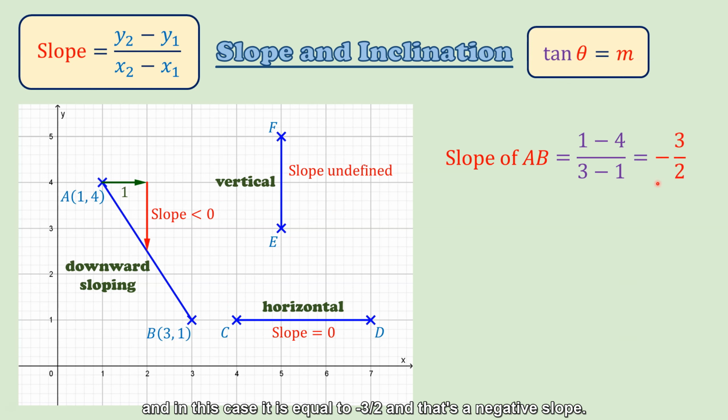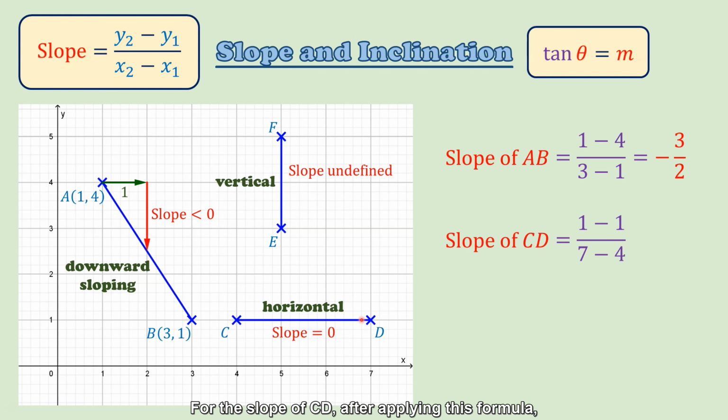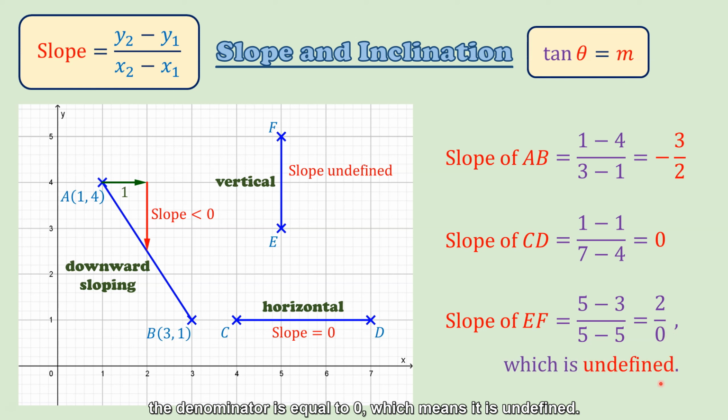And in this case, it is equal to minus 3 over 2, and that's a negative slope. For the slope of CD, after applying this formula, it is equal to 0, and that's a 0 slope. For the slope of EF, after applying this formula, the denominator is equal to 0, which means it is undefined.